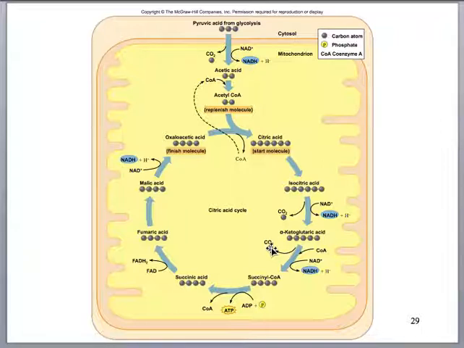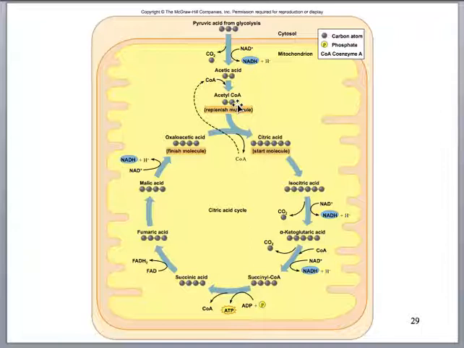So let's see what we were putting in and what we get out with the citric acid cycle. From the conversion of pyruvic acid to acetyl-CoA, remember, we have 2 pyruvic acids, so this would happen twice. From this conversion, we would get 2 NADHs, 1 per pyruvic acid, 2 carbon dioxides, 1 per pyruvic acid, and 2 acetyl-CoA molecules, 1 per pyruvic acid.